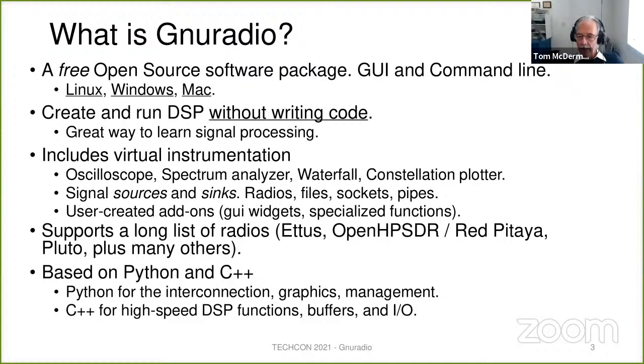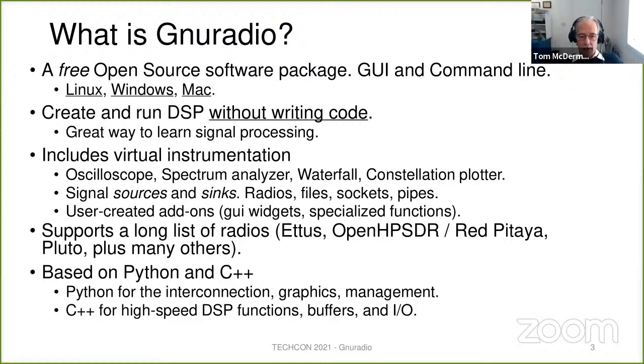It supports the OpenHPSDR and the Red Pitaya, if you've heard of those radios. It supports the Pluto, which is the Analog Devices radio, and there's a huge list of other radios supported. So this is just a tiny short list. There's dozens and dozens of radios. So if you have one laying around your shack, there's a good chance it's supported in GNU Radio.